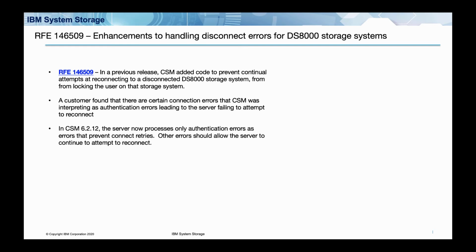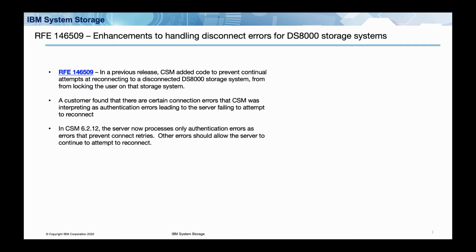All right, the next RFE is 146509. This is another fairly simple one, but to give a little background, a while back, CSM added some changes so that if we had a disconnect to a DS8000 storage system, and we saw that the disconnect reason was an authentication error, we would basically halt our attempts to reconnect.